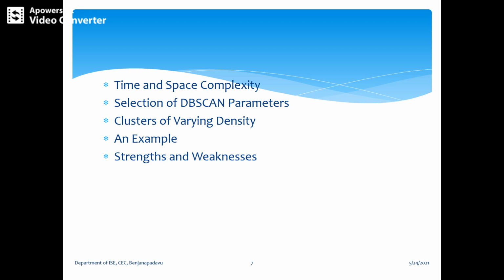So we will see there. Another point in the DBSCAN algorithm is clusters of varying density. DBSCAN has trouble if the density of clusters varies widely. We have one diagrammatic representation, in which the density of the clusters and noise regions is indicated by their darkness.